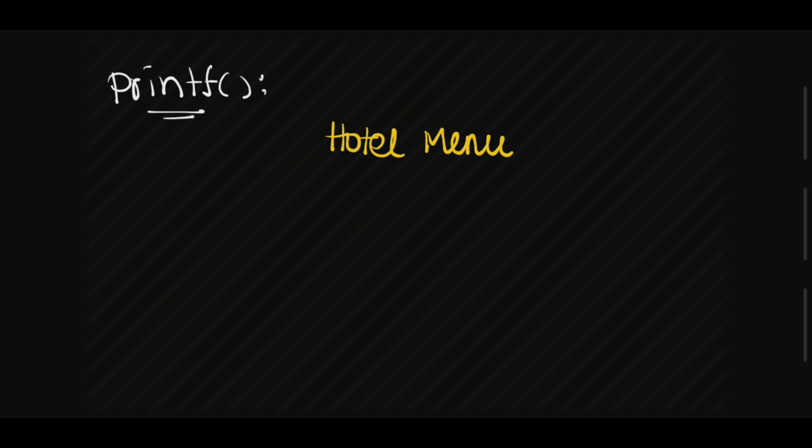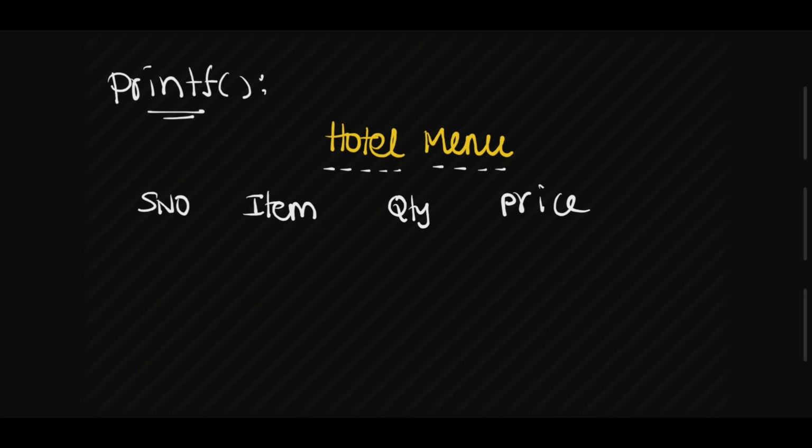We now know how to use printf in our program. Now, how is printf used in real-time programming? Let us take one example, like a hotel menu. Hotel menu is my main heading. Followed by that, I'm going to define the headings: serial number, item, quantity, price.